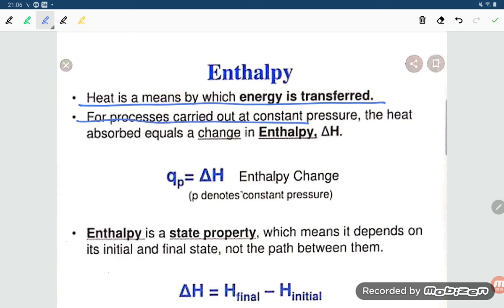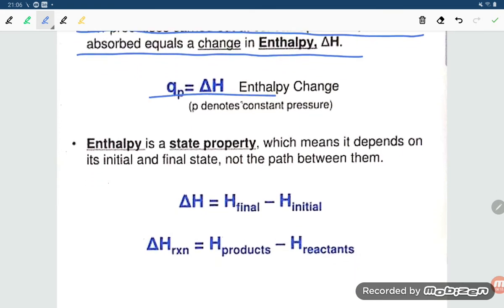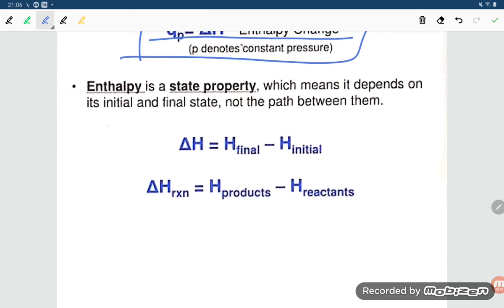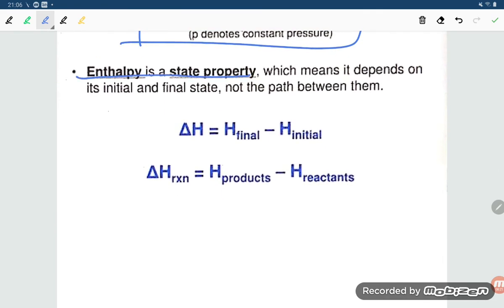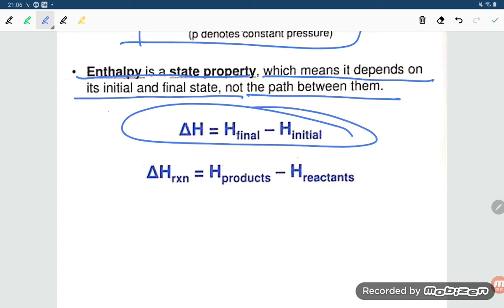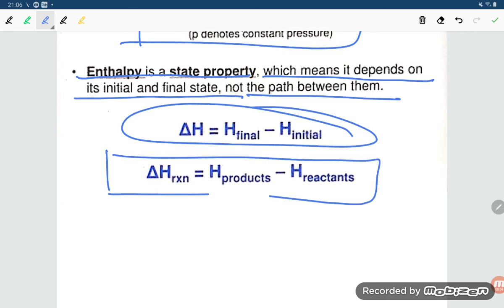For a process carried out at constant pressure, the heat absorbed equals the change in enthalpy, so delta QP is equal to delta H, where P denotes constant pressure. Enthalpy is a state property, which means it depends on the initial and final state, not the path between them. So the enthalpy of reaction is the enthalpy of products minus the enthalpy of reactants.